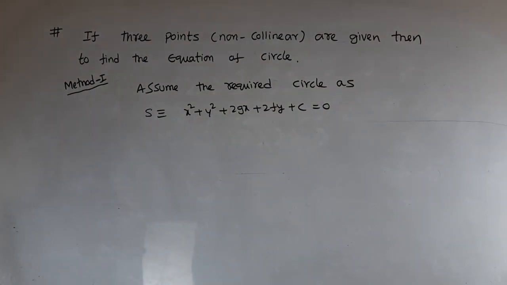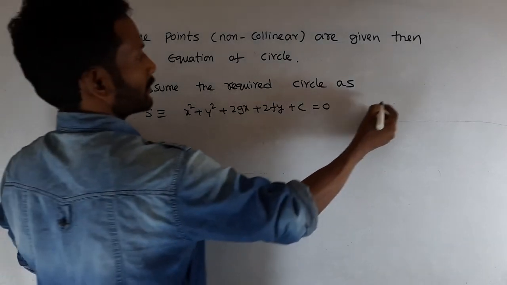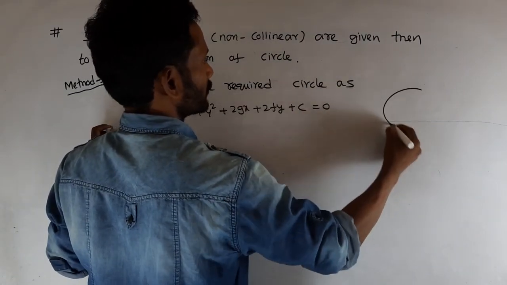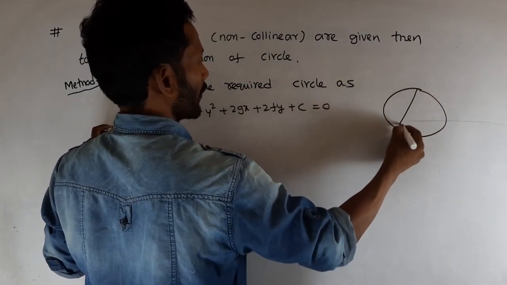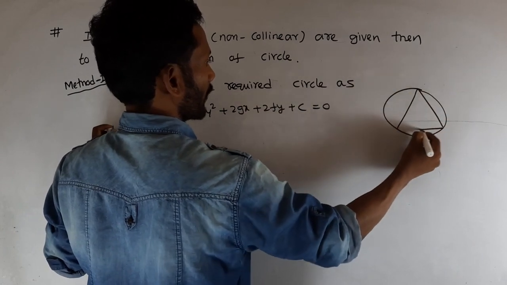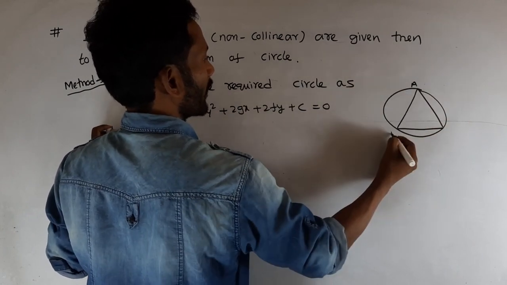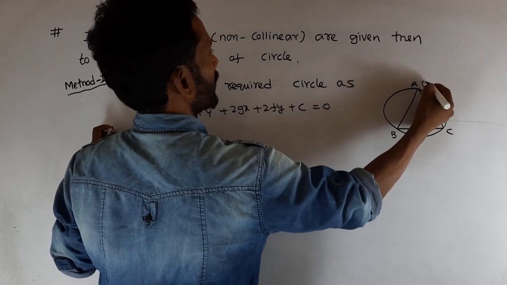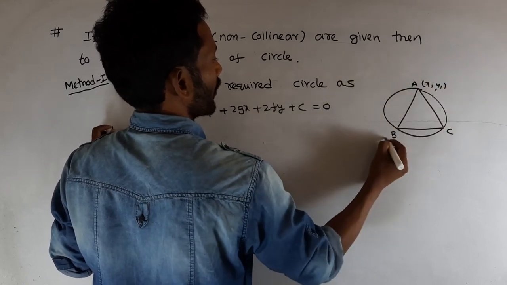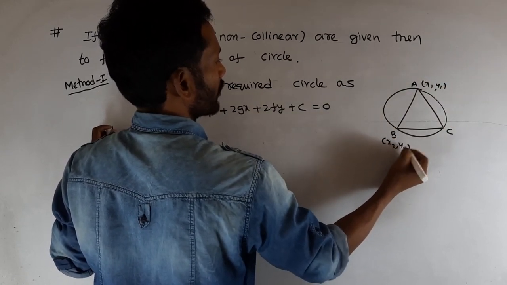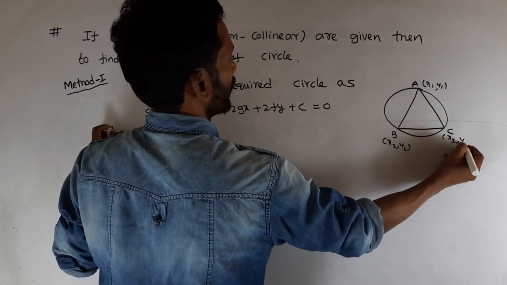Let the points be A (x1, y1), B (x2, y2), C (x3, y3).